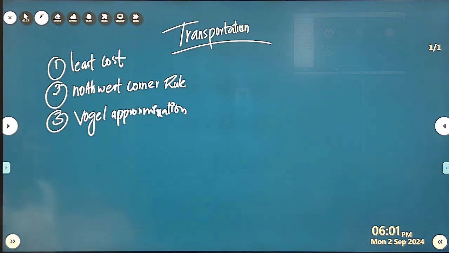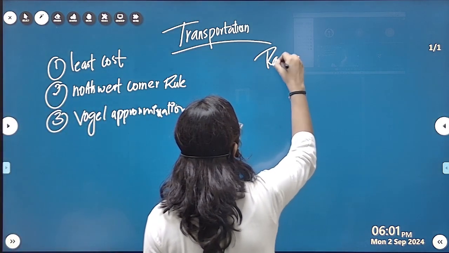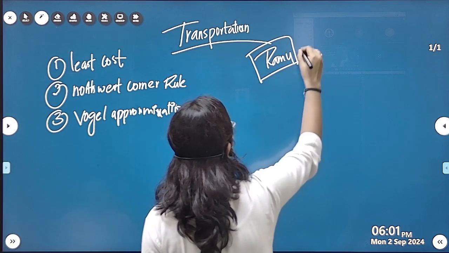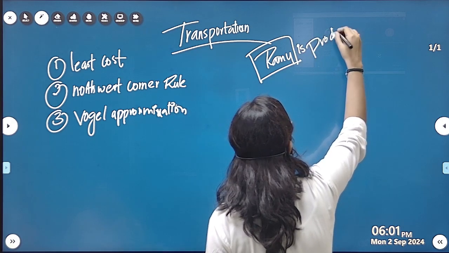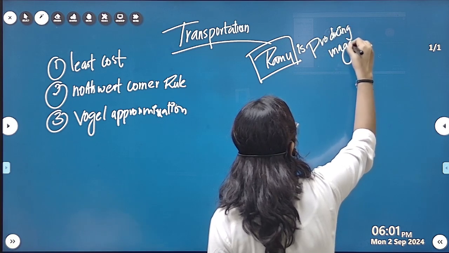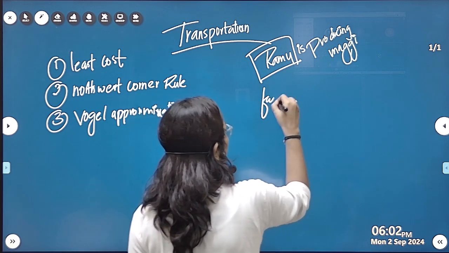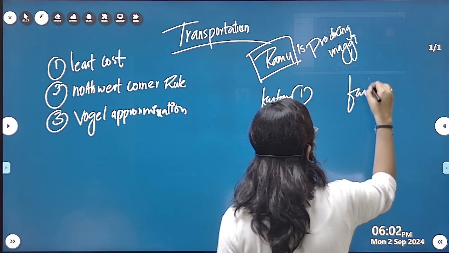So what is transportation? For example, Ramu is producing Maggi. He has two factories, factory 1 and factory 2.